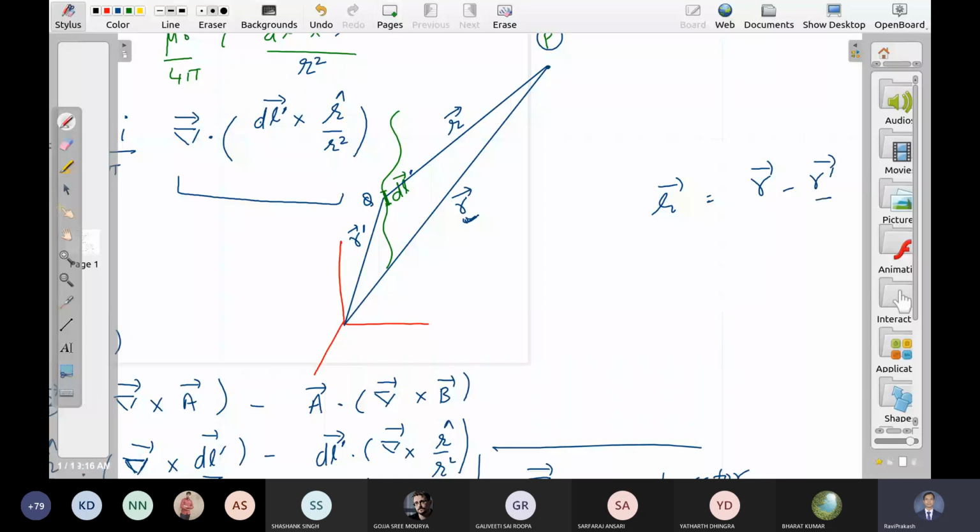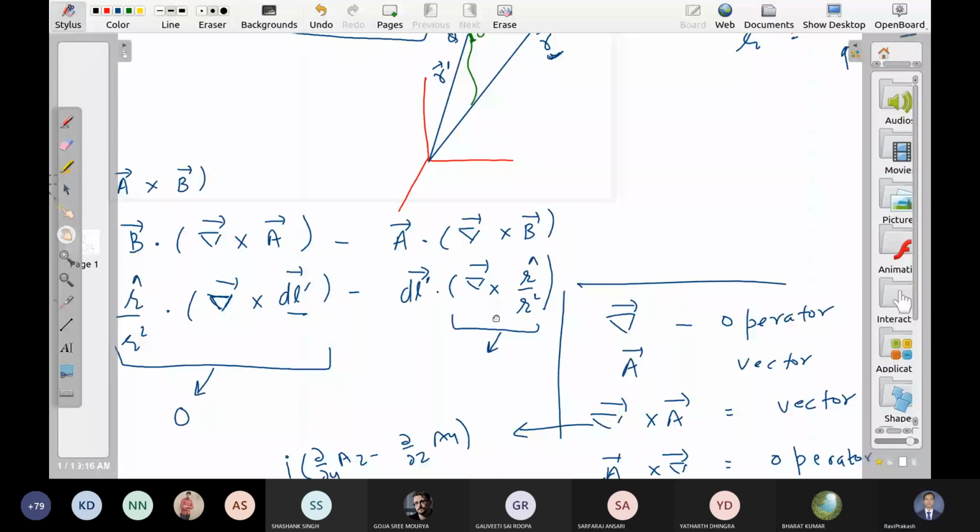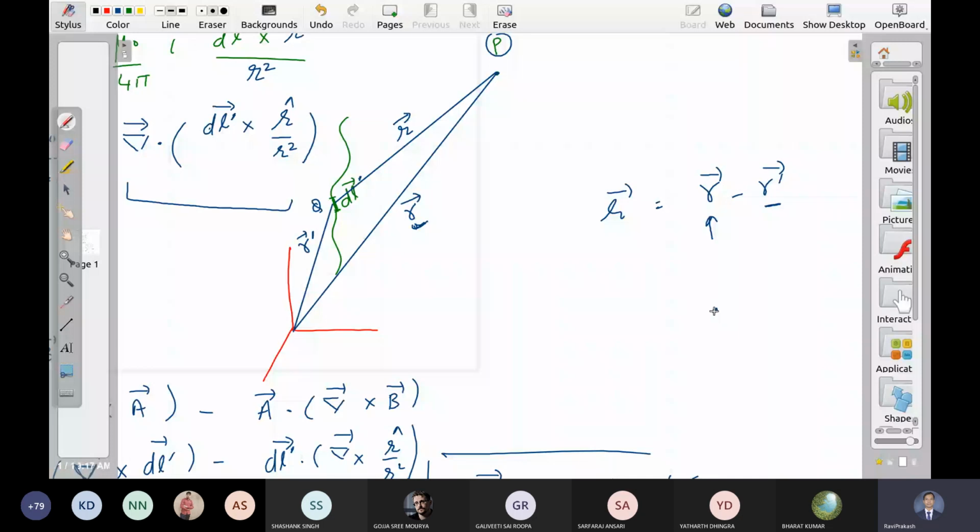So ultimately you need to calculate the curl of this. It is a little complicated, but since you have already derived it, let me tell you in a very geometrical sense also. R cap by R square, what kind of field is it? If you plot it, what kind of field will come? At each point radially outward. Let us say this is the origin. Everywhere it is radially outward. Do you see any sense of rotation in this field?